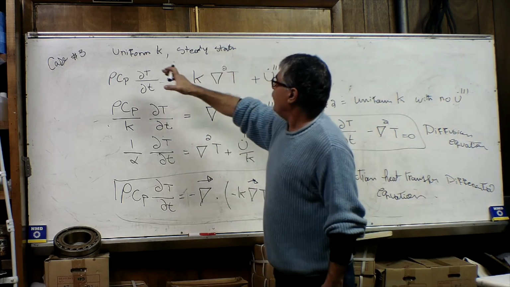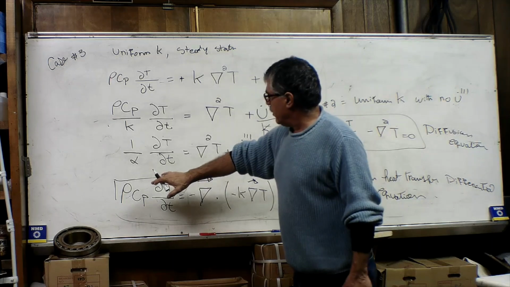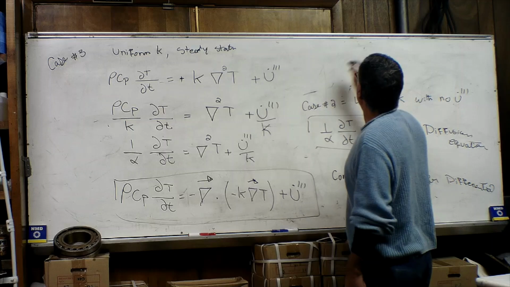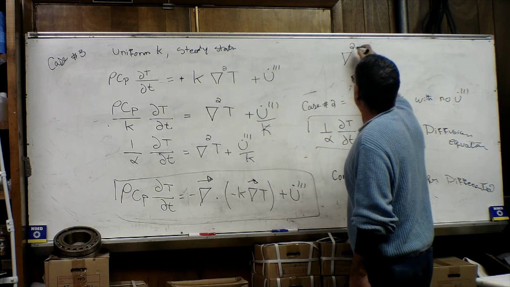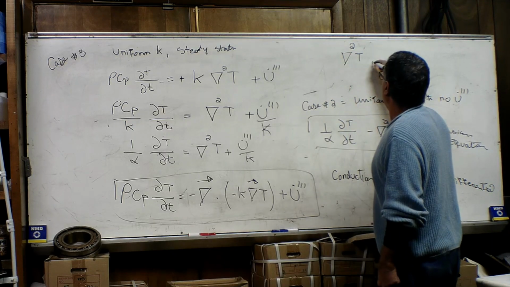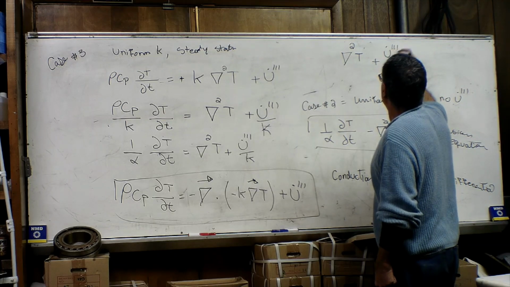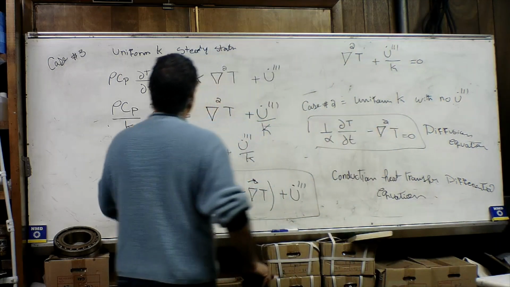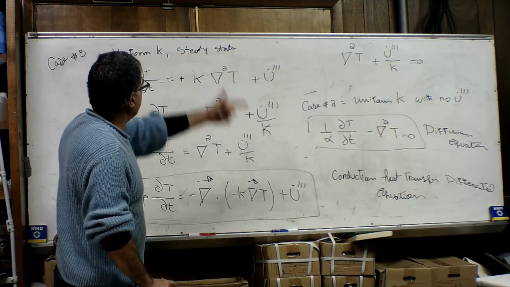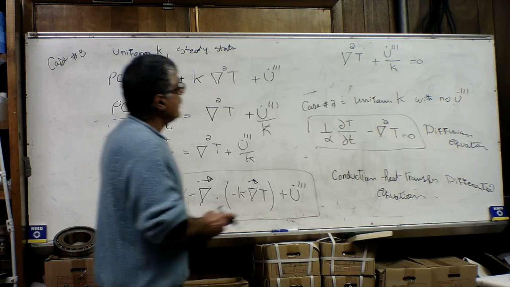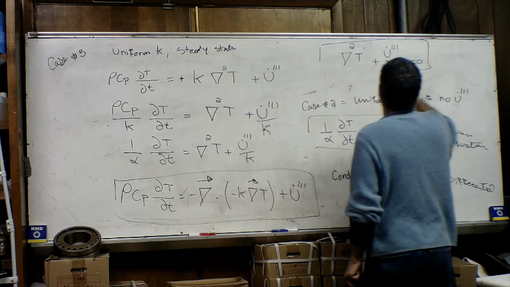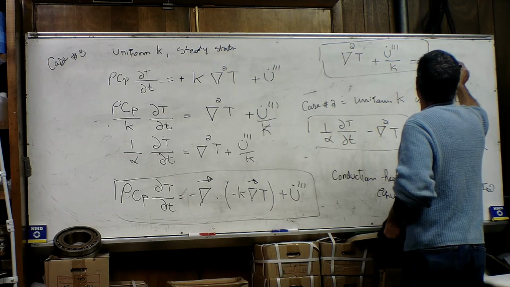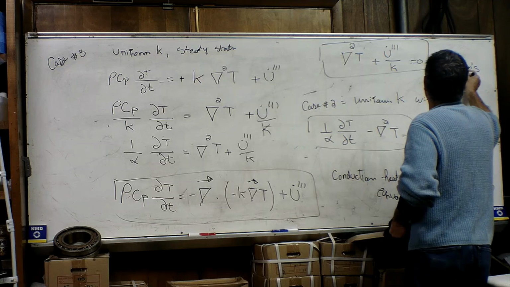So if we have uniform k with a steady state, this portion will be 0, so our equation will be del square T plus u dot divided by k equal to 0. This is for case number 3, uniform k, steady state, no change with respect to time. This equation is called Poisson's equation.